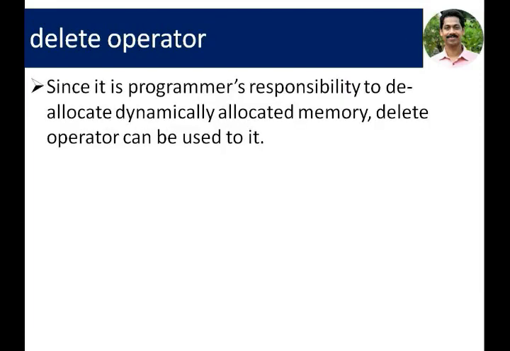The next one is the delete operator. It is used to deallocate the allocated memory. The programmer is allocating memory by using the new operator. That memory should be deleted by using the delete operator. The programmer should delete this allocated memory because if we are allocating a huge amount of memory space, that memory will not be freed to the operating system.